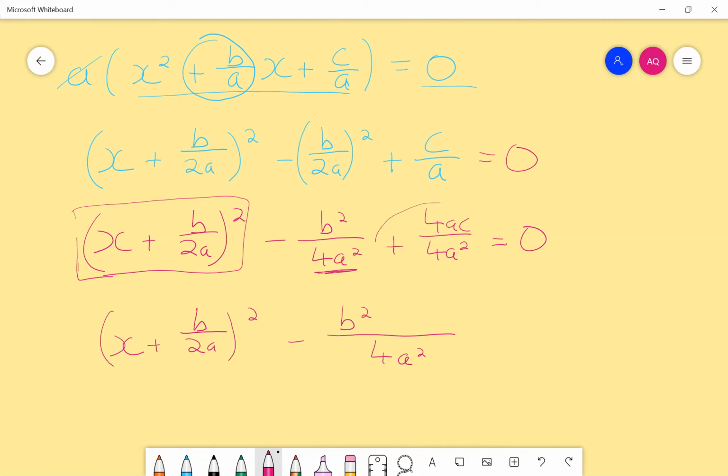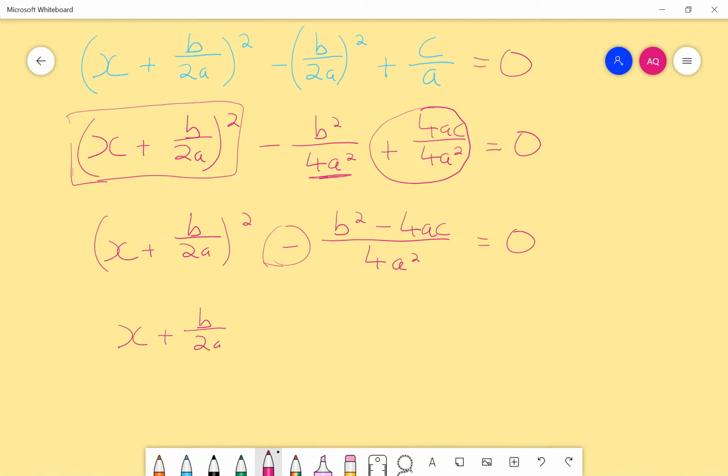Now this is a plus 4ac, so if I put a minus at the front here, then that's going to have to be minus 4ac because minus minus is a plus. Now, we still have an equal 0. If we want to solve for x, let's bring that fraction over the other side and you get x plus b over 2a squared is equal to b squared minus 4ac over 4a squared.